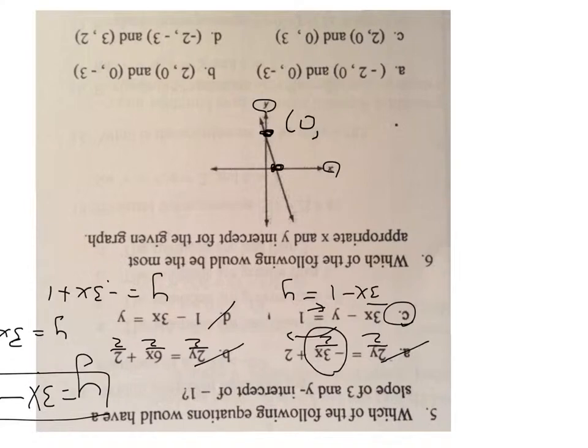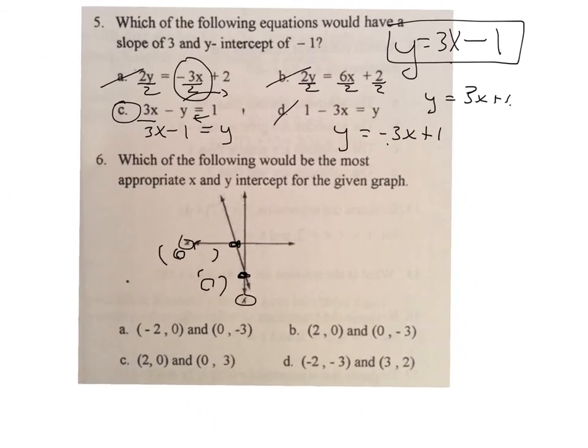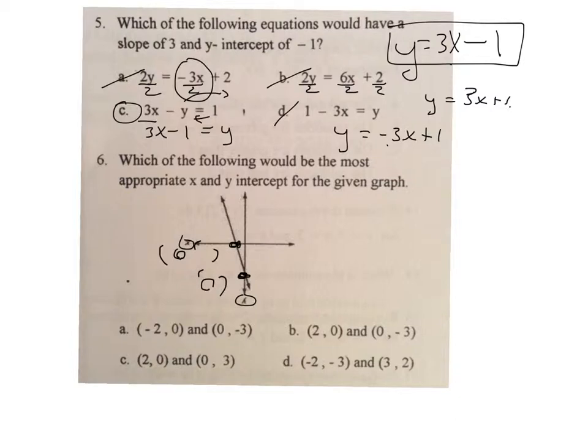This right here is going to be (a number, 0). So let's look at the combinations that we have and see what matches that. All right, I have (-2, 0). So that means my x-intercept would have to be a negative, and my y-intercept would have to be a negative.